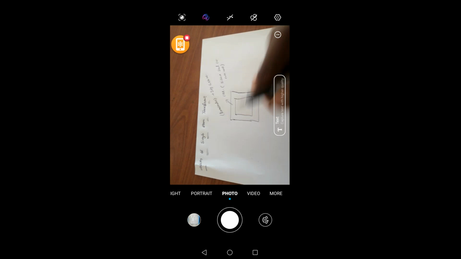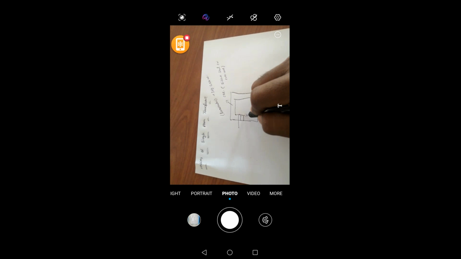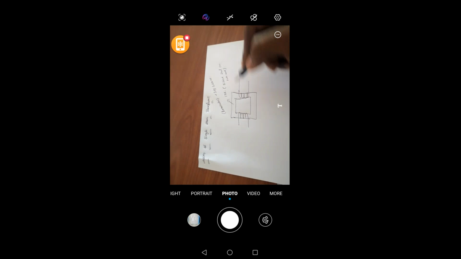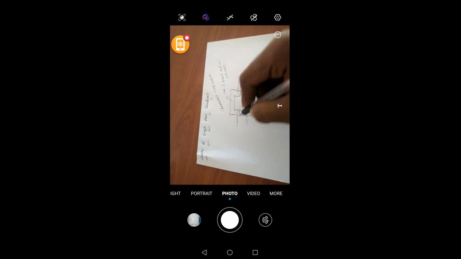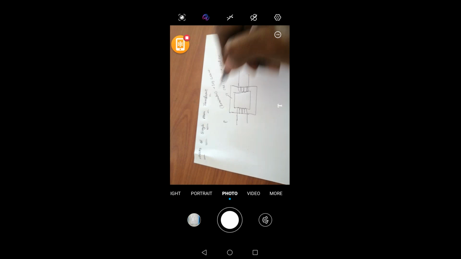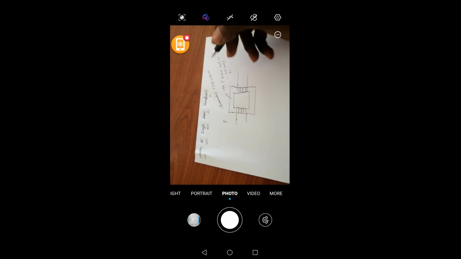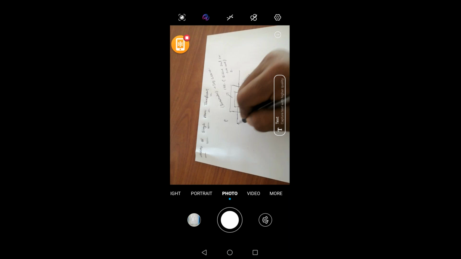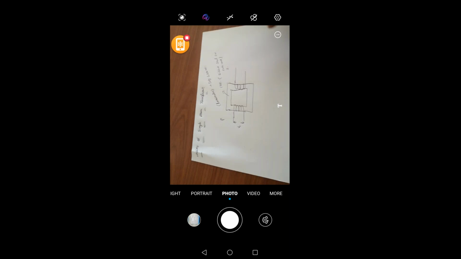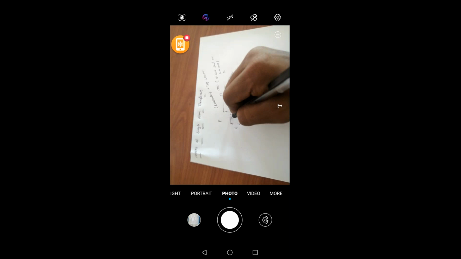Now I'm going to draw the primary winding and the secondary winding. The entire circuit here we call the primary circuit and the other the secondary circuit. When we apply the voltage on the primary, we call it V1, the primary voltage. Due to this voltage, current flows through this winding.